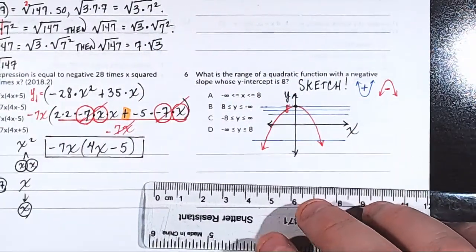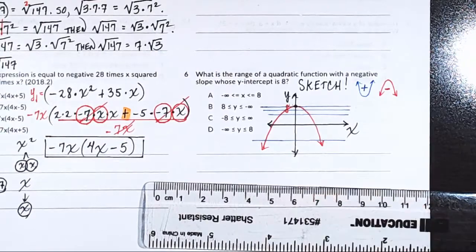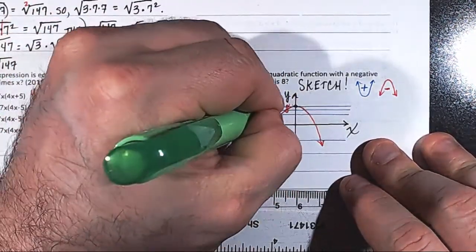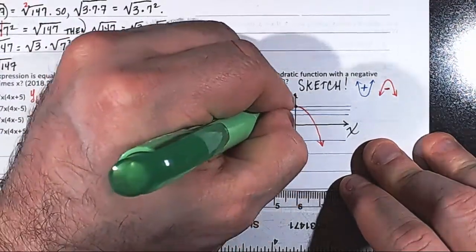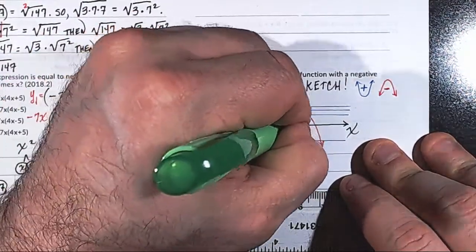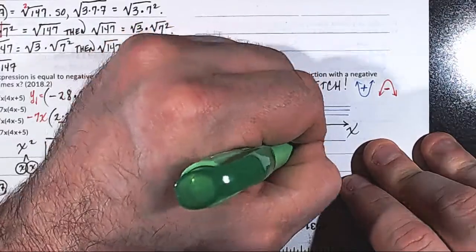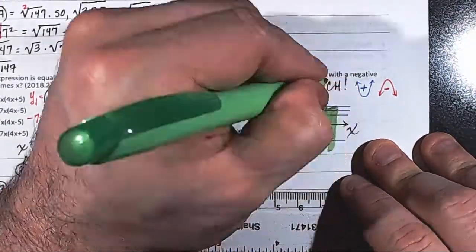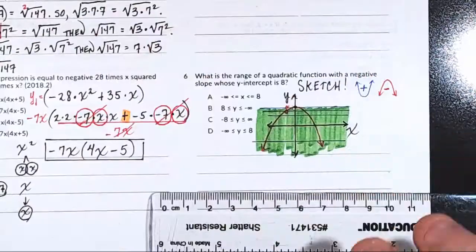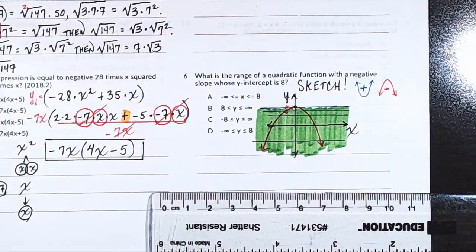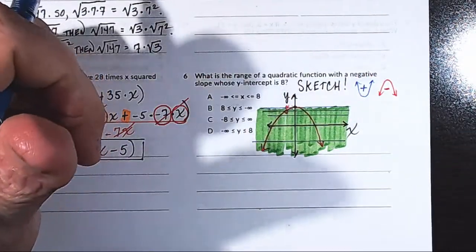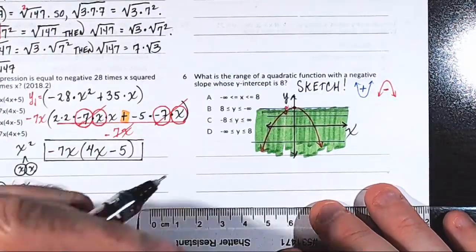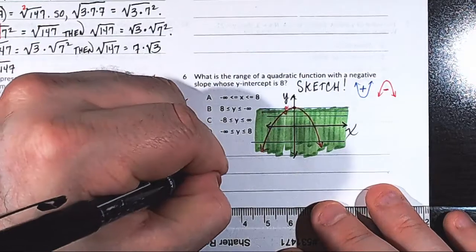So it helps to have a marker for this. Your solution set for the range will include all values that are less than or equal to 8, like that. But how do I write that in inequality notation? Well, I write negative infinity.